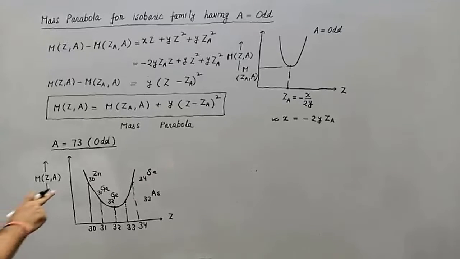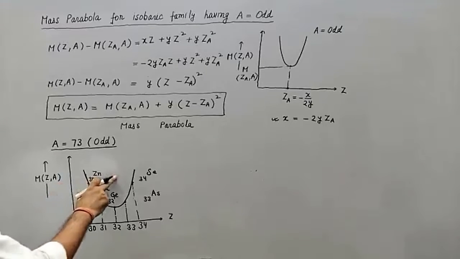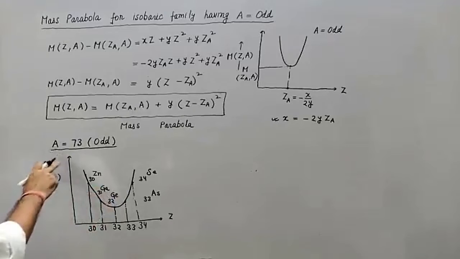So this is an isobaric family. Here I have plotted the mass parabola for the isobaric family having A equal to 73, which is an odd number. So this type of mass parabola is observed for the A equal to 73 isobaric family.